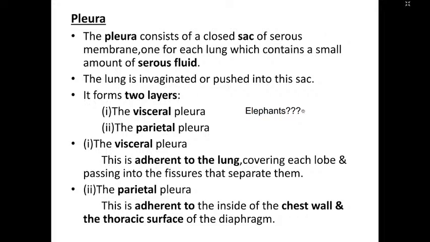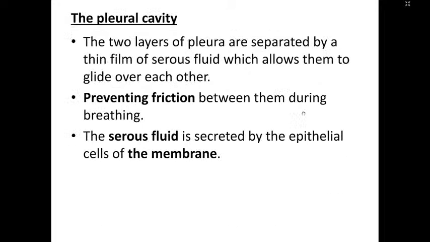So the pressure inside the pleural space decreases and there's a negative suction created. So that will cause a lot of air to move in. So we have covered all this.